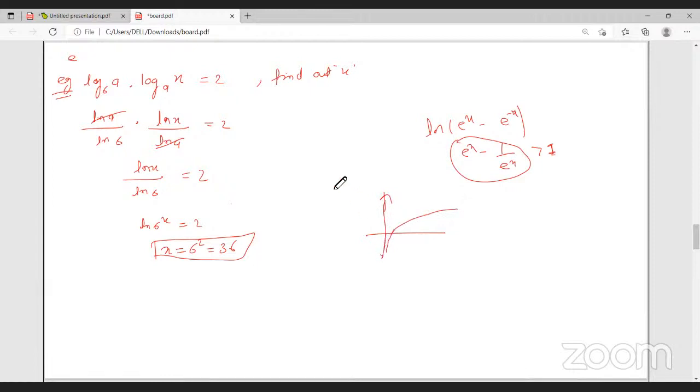If we go from left to right, it's increasing. So can I say that if I replace x by f of x, it will be an increasing function, or at least a one-to-one function, if ln of x is one-to-one?